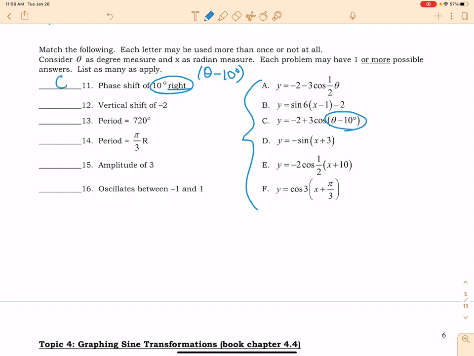Okay, the next one is a vertical shift of -2. So that means that either at the beginning of our problem, we're going to have a -2 and then something else is going to be added to it, or there's going to be an equation with -2 at the very end. So we need to look at everywhere this is occurring.